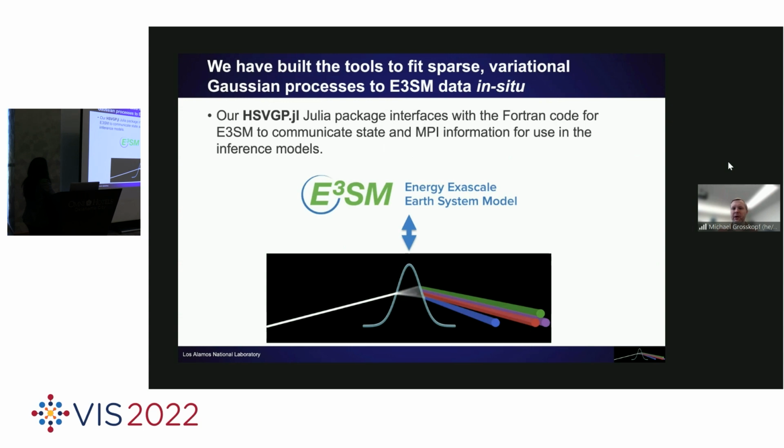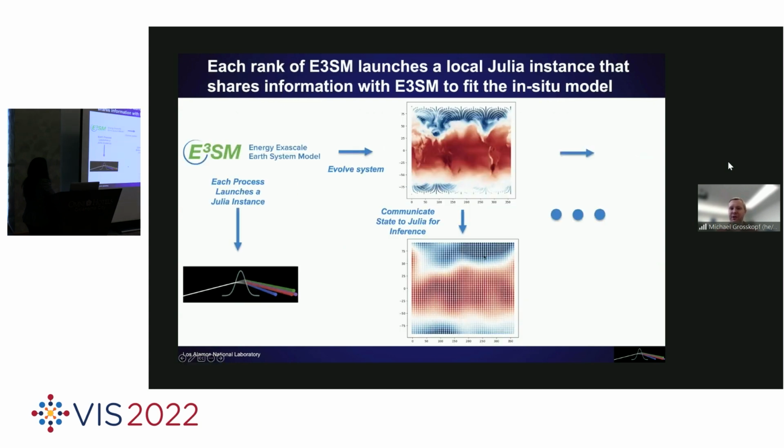As was mentioned, we've built this ability to do in situ inference in E3SM, and as part of that, we built a Julia package to do hierarchical sparse Gaussian processes. This package interfaces with the Fortran code, as Shomo was talking about, to communicate state information and do our in situ inference. To restate the higher level goal: as E3SM runs, each MPI rank launches its own Julia instance.